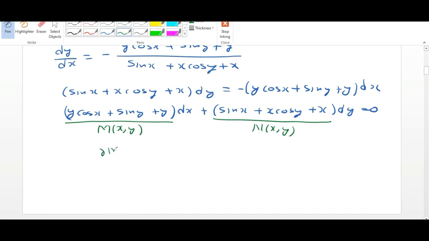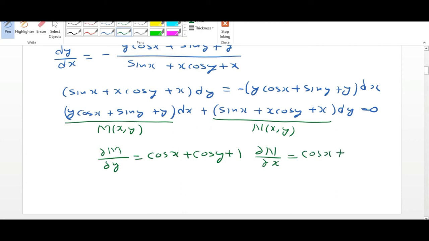So what we will do? We will find curly M by curly y. So when we take curly M by curly y, we will treat x as constant. So curly M by curly y will be cos x, because cos x is a constant, derivative of y is 1, sin y का derivative क्या होगा? Cos y, and then derivative of y is 1. And then curly N by curly x, sin x derivative will be cos x.